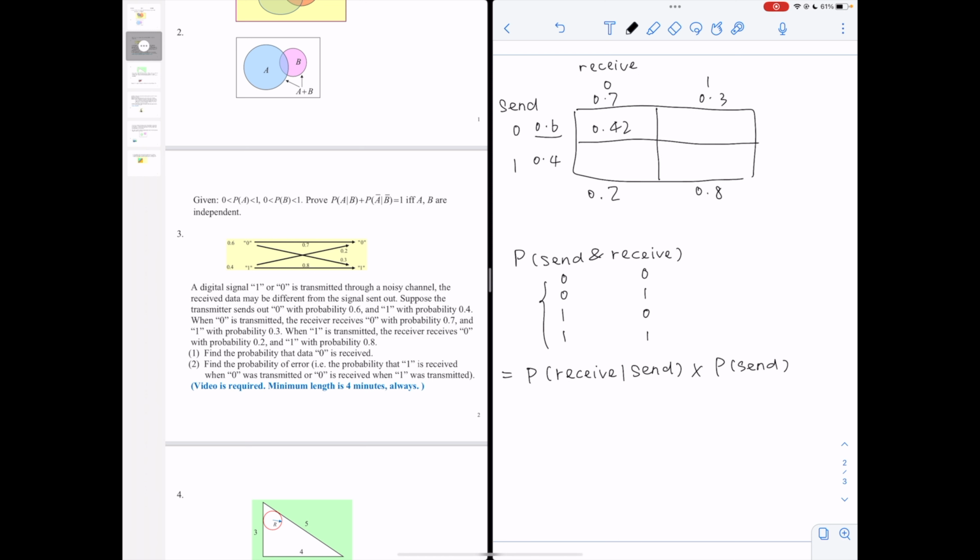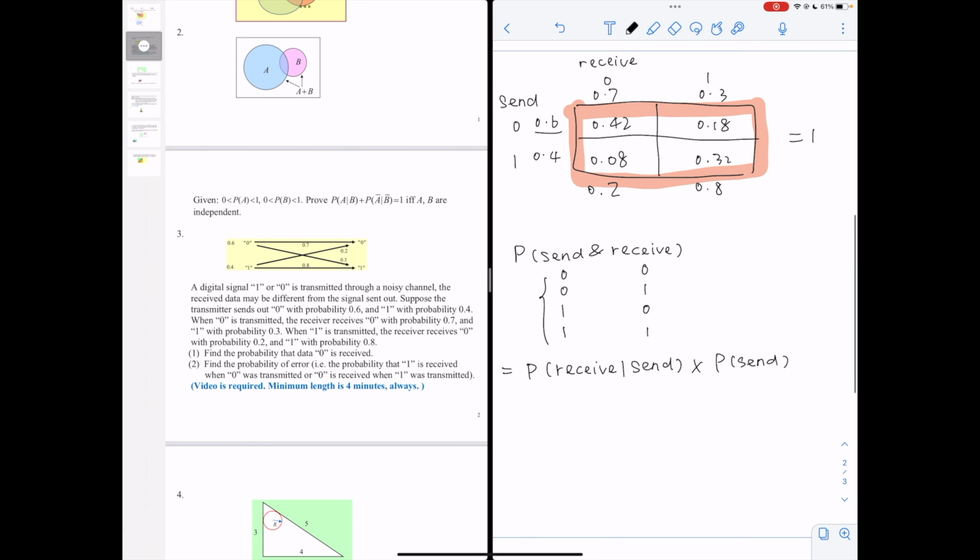And so we can fill out the chart. And we can see that if we add all the 4 probabilities in the box, we get 1.